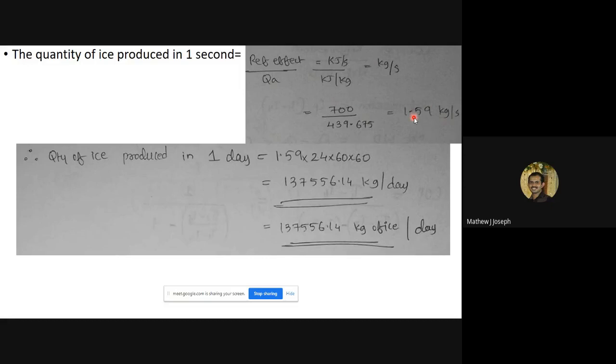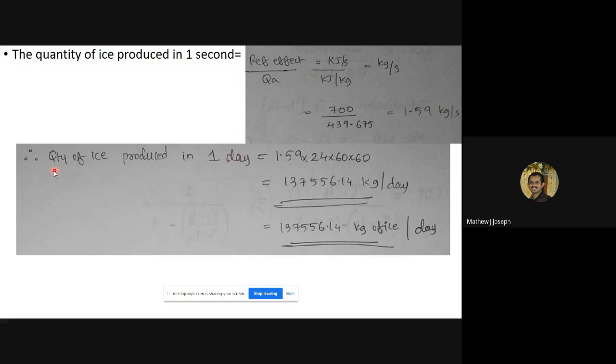What is the physical meaning of this result? 1.59 kilogram per second means that in 1 second, our domestic refrigerator will produce 1.59 kilogram of ice. But we do not require that value.